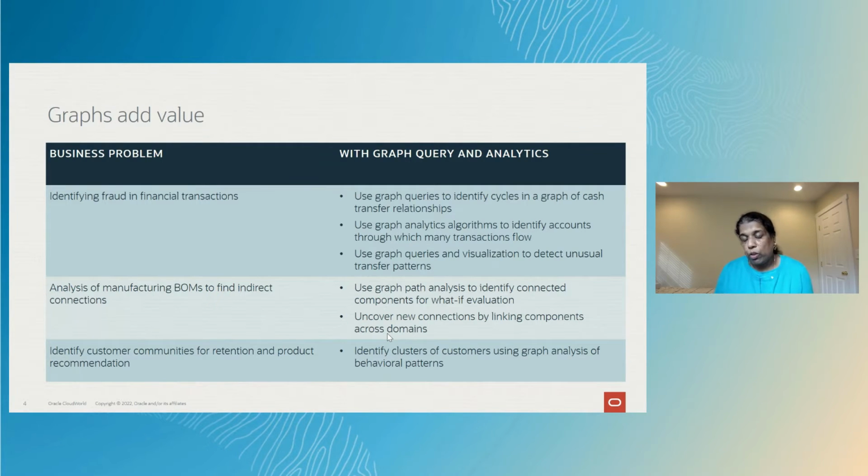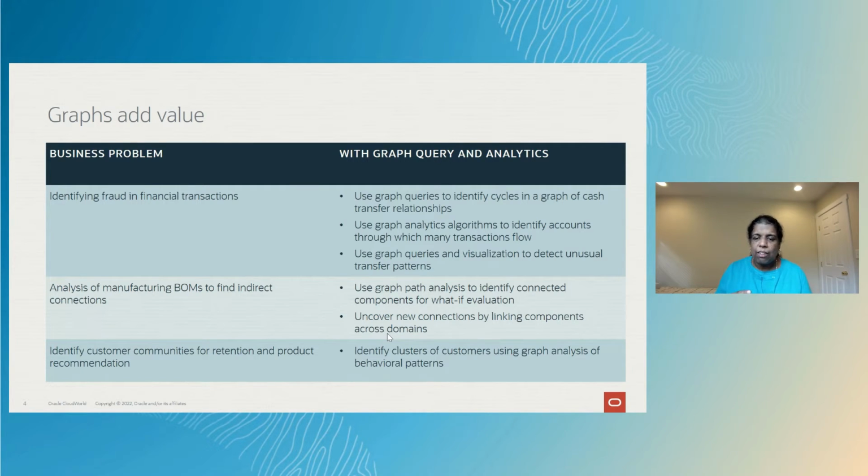That may be an account you want to flag as well for the purposes of detecting fraud. And maybe there are some unusual patterns in this cash transfer graph that you're building up that can alert you to accounts and cash transfers that you need to investigate more closely.